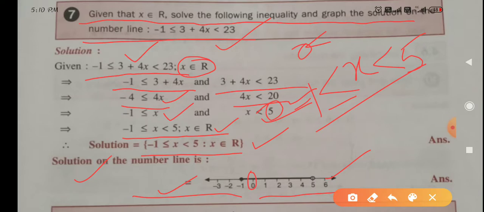Now your inequality goes from -1 to +5. So at -1 you will make a dark dot, at 5 you will make a hollow dot. You can see this is a dark dot and this is a hollow dot. Now why a dark dot at -1, and why a hollow dot at 5?